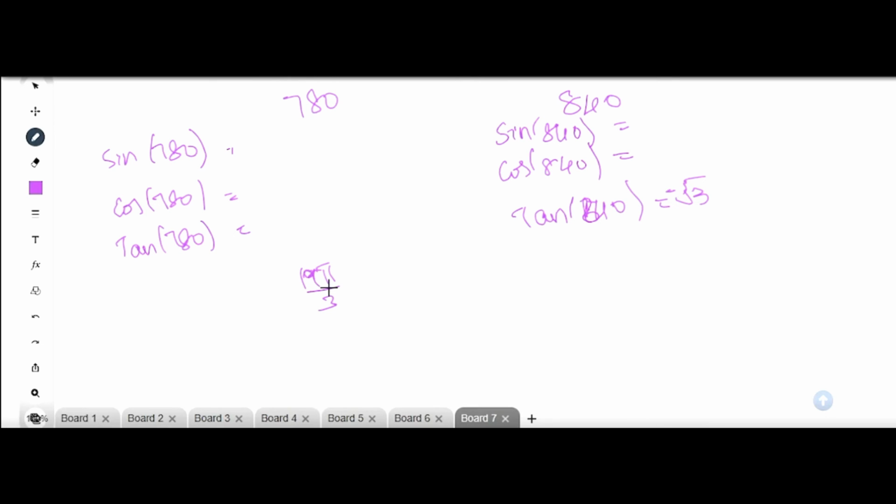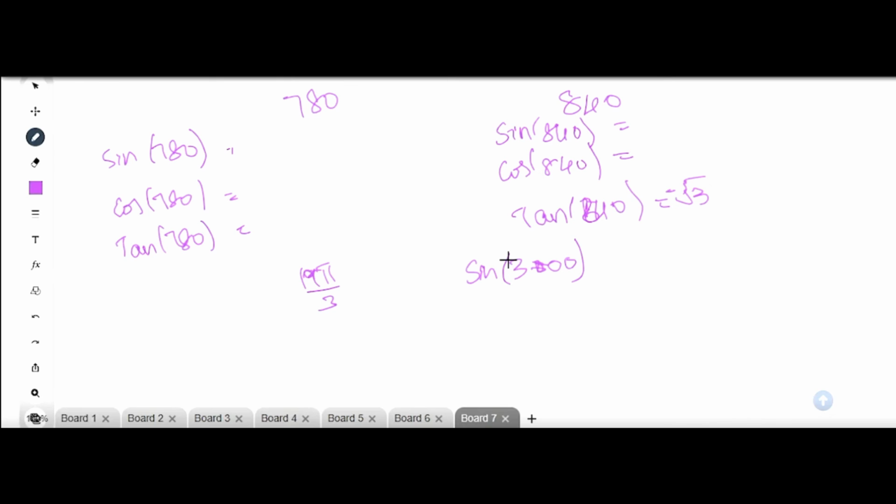Sine 3000? Yeah, sure. So 360 would go 8 point something times. So if it's sine 3000 minus 360, 1, 2, 3, 4, 5, 6, 7, 8.